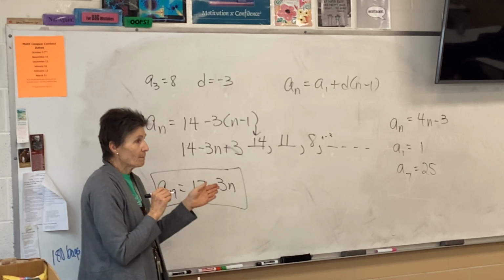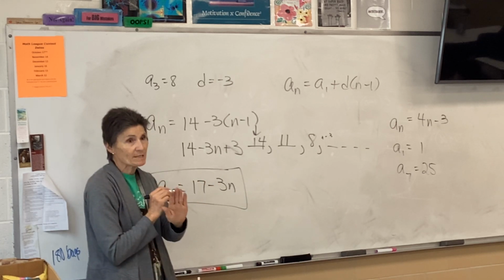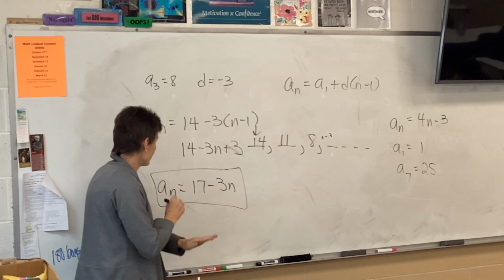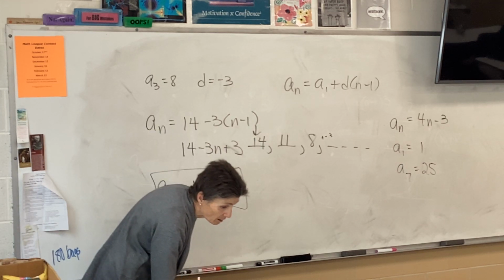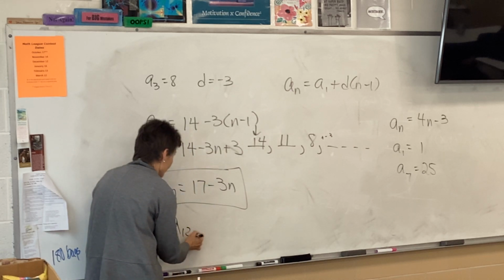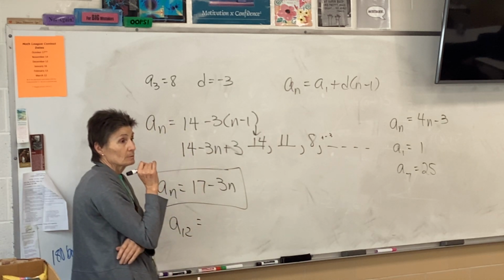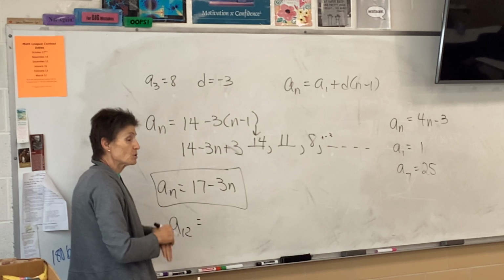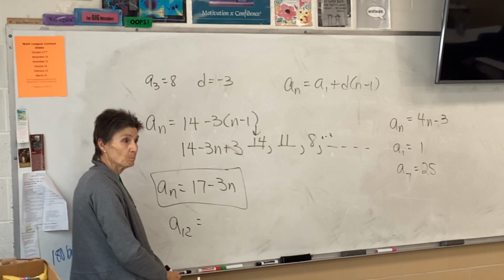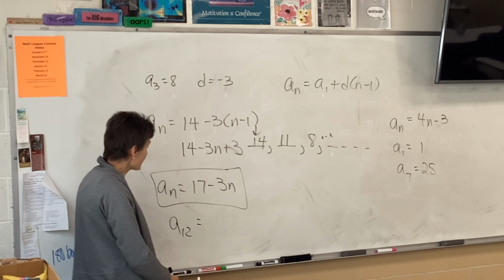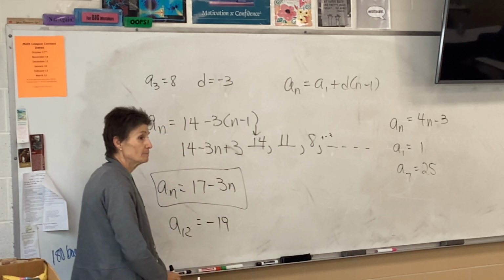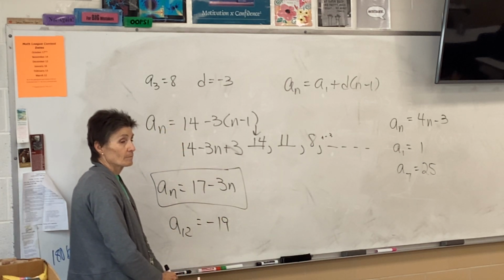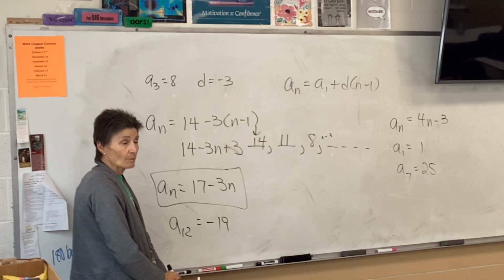Now, have I lost anybody? Remember, there's other ways to do it. Ultimately, we're all gonna end up with the same 12th term. So what do I do if I want the 12th term now? I'm just going to plug in 12, and it looks like negative 19. Is that okay with everybody?